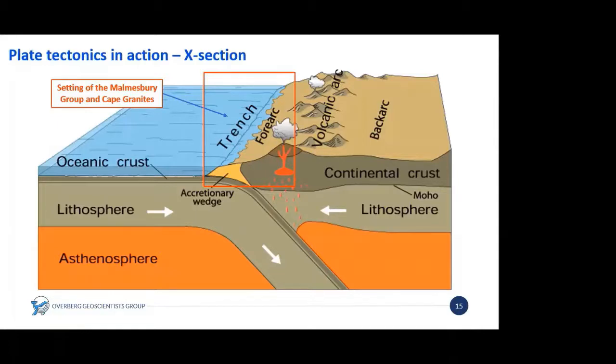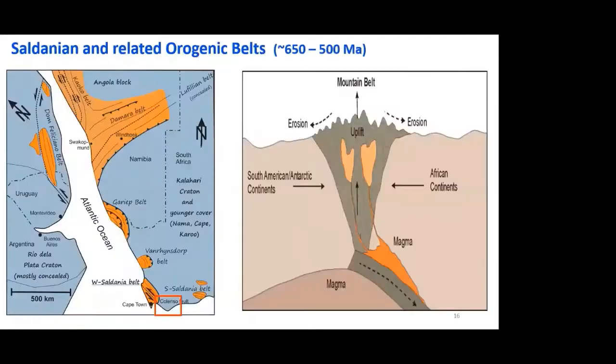Let's take it in a little bit more detail. Here we have on the left the area of what is now the African continent and the South American continent. Now, the time that we're looking at was when Gondwana was being created.